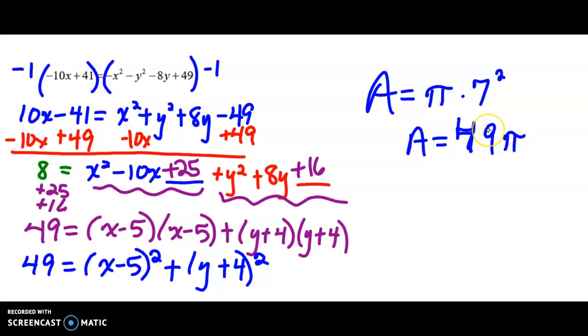And then you just take your pi key on your calculator, times 49. If I rounded it, I would get approximately 153.9.